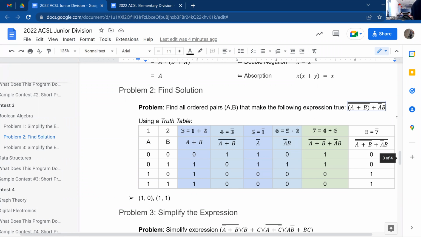But the question is, they ask you for all the ordered pairs A, B. So as long as A is 1, B could be either 0 or 1. The expression is 1, right? Is true. So this is what the truth table looks like. You can use this to solve any complex expression, right?